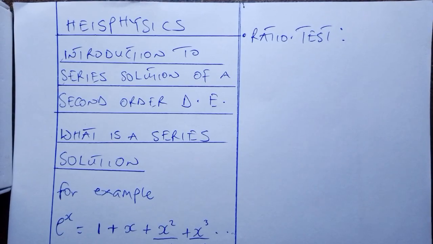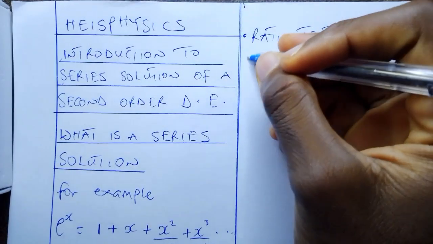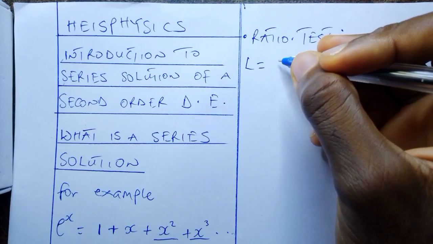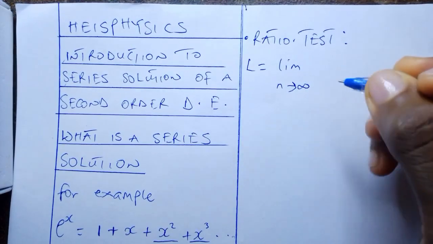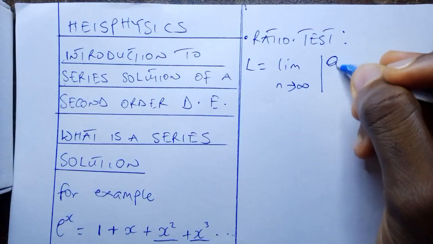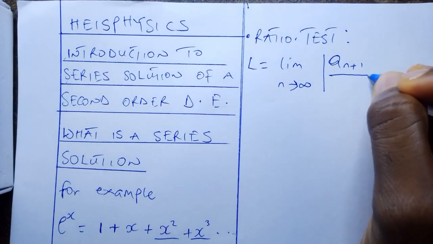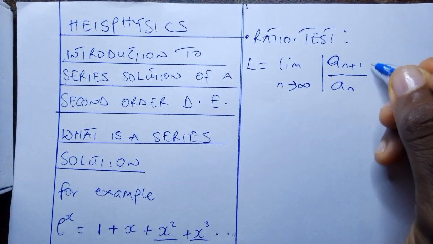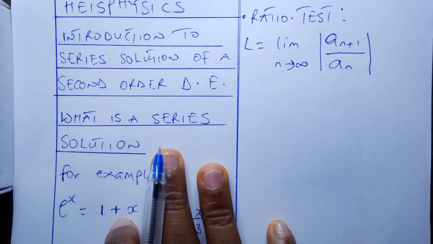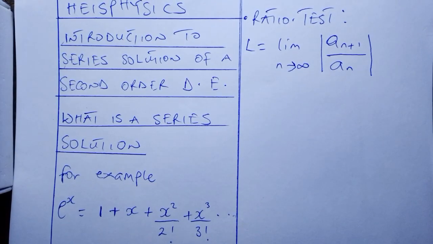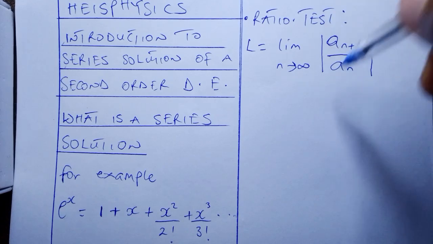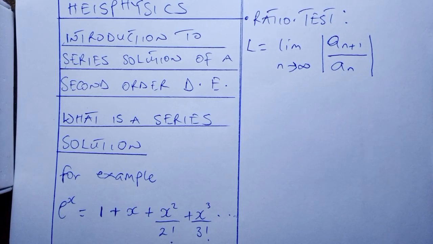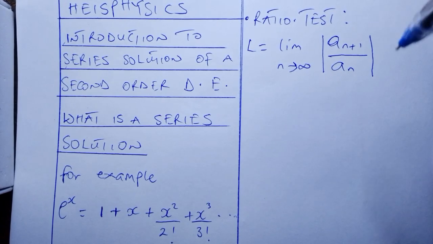Now, for your ratio test, the limit L is found with the formula: limit as n tends to infinity of the absolute value of a subscript n plus 1 all over a subscript n. The two slant brackets stand for absolute value.